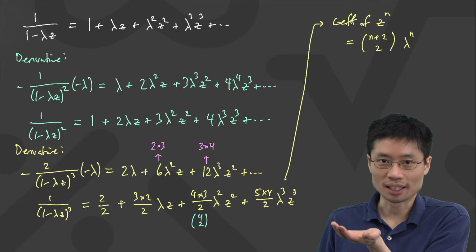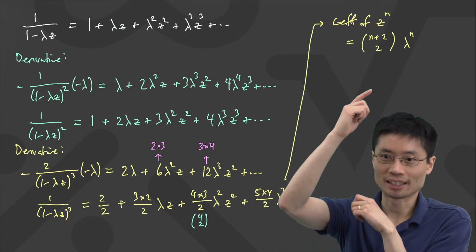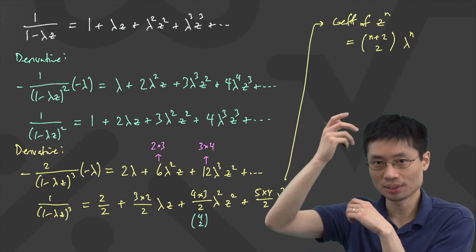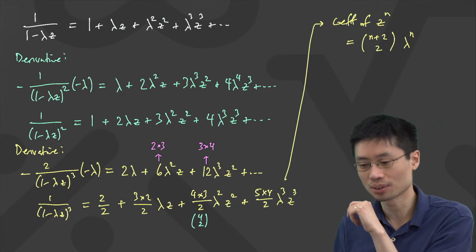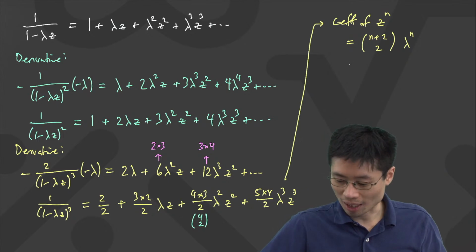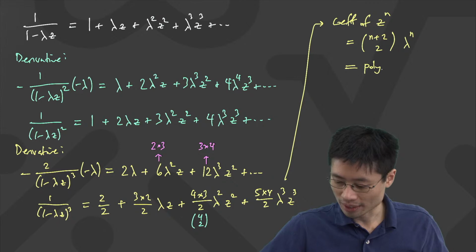I was previously lucky that I could write blob times lambda to the n. I can't anymore because this n plus 2 choose 2 has an n inside it. But what I'm going to say is that this n plus 2 choose 2 is not really a blob, it's a polynomial in n.